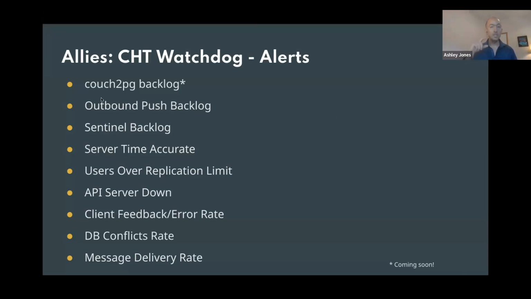We will be documenting each of these alerts and publishing more documentation on them so that y'all can know what the alerts are that are built in. And of course, for all Watchdog deployments, you can extend the alerts that are in there. So if for some reason a metric that we don't think is important is critical to the success of your deployment, you can easily add on additional alerts on top of the ones that we ship built into Watchdog.